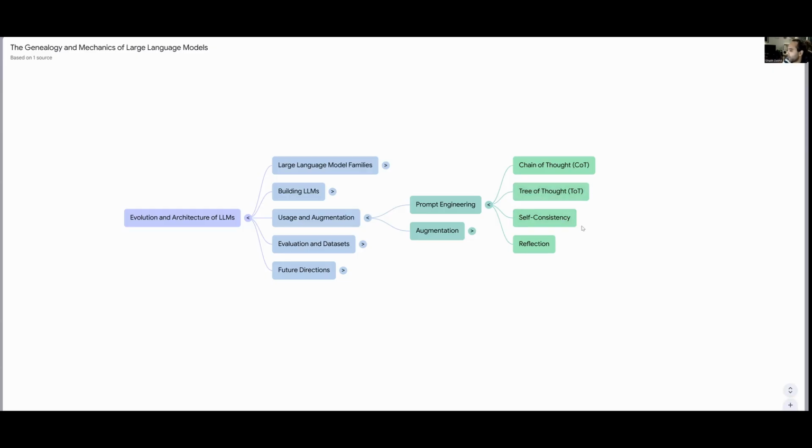Another PE technique is called self-consistency, where the model generates multiple responses to the same query and selects the most consistent answer to improve accuracy. Last but not least, we have reflection, where we prompt the model to evaluate and revise its own outputs to correct errors and improve answer quality.